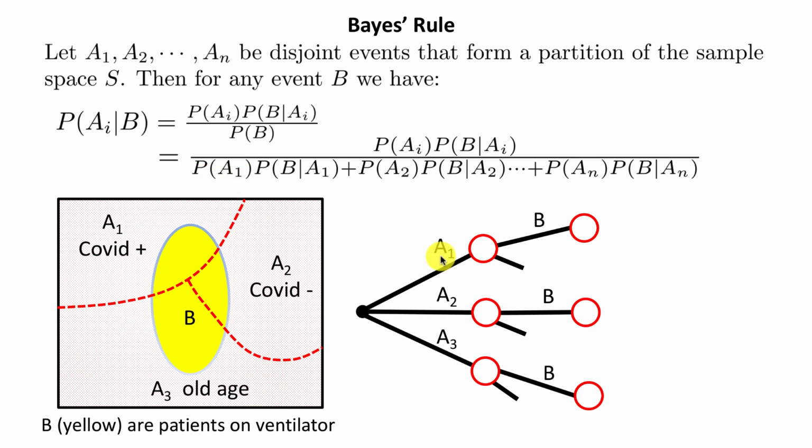There's a probability that those who have tested positive for COVID are on the ventilator, and so that is P of B given A1. And now that's over here. This is the probability of A1 intersection B. In other words, it's the probability of the events that lie within this area that I'm indicating with my cursor.